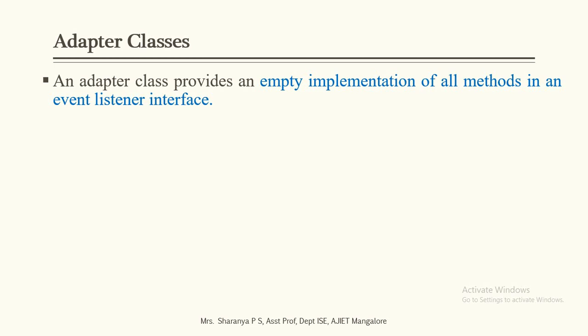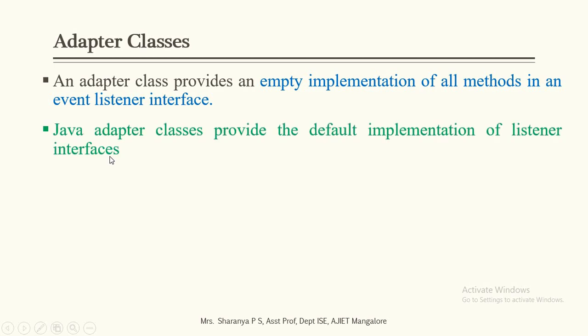If there are 5 methods, then we need to override all those 5 methods. Rather than using the blank definition, we can use this adapter class. So here, instead of implementing an event listener interface, we can extend the corresponding event adapter class and define only those methods which are required.